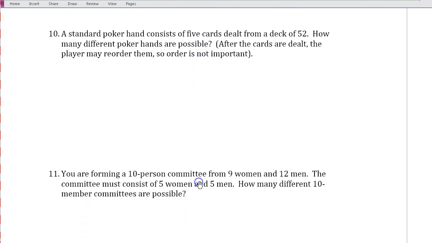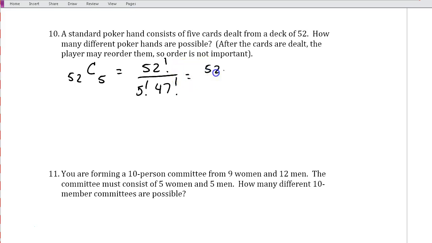Alright, so for number 10, a standard poker hand consists of 5 cards dealt from a deck of 52. It doesn't matter the order that you get dealt the cards, it just matters which 5 cards you have. How many different poker hands are possible? So we're going to have 52 choose 5. That's 52 factorial over 5 factorial times 52 minus 5, which is 47 factorial.